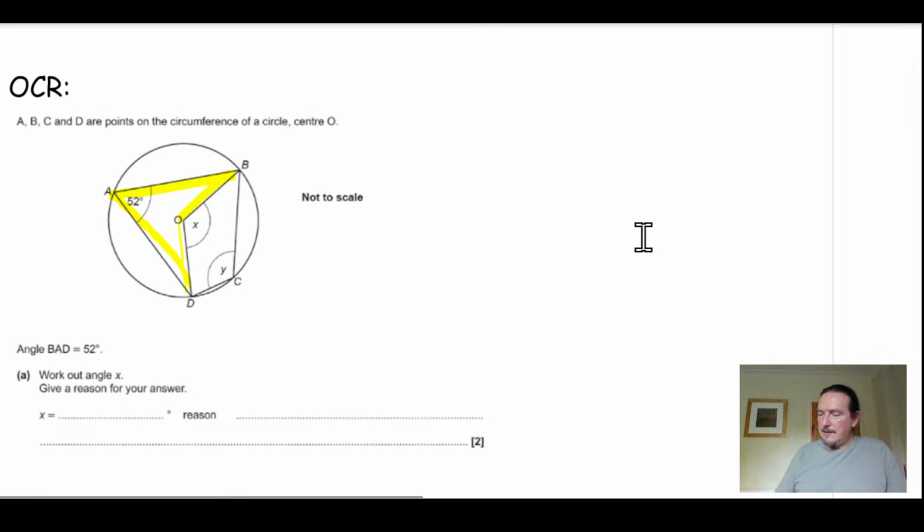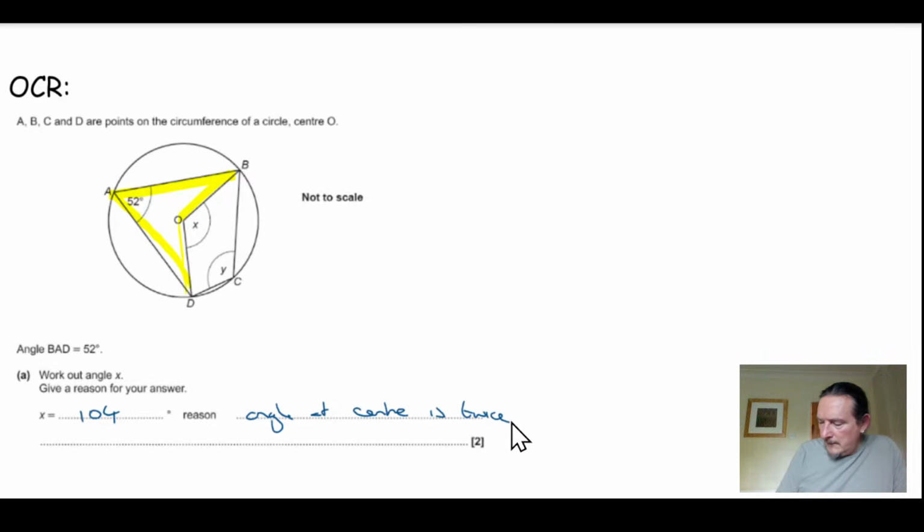So the angle at the centre, x, is going to be twice as big as 52. So x is going to be 104. And the reason is angle at centre is twice angle at circumference.